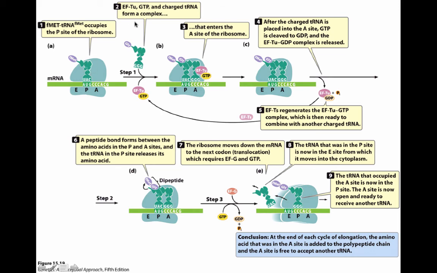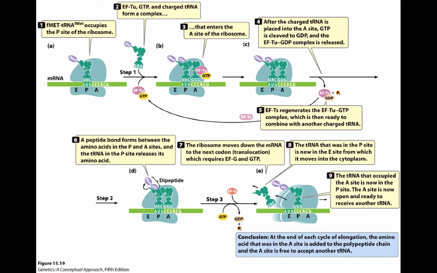The elongation factor, with the guanine triphosphate, is going to be present, as well as the charged transfer RNA. They're going to form a complex that enters the A site of the ribosome, or the site that is on the furthest right, or the 5' end of the ribosome.